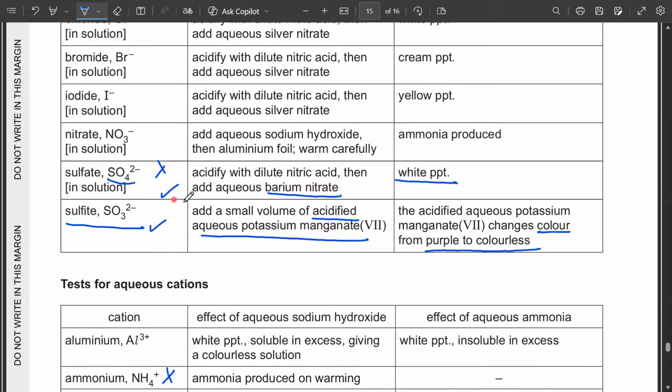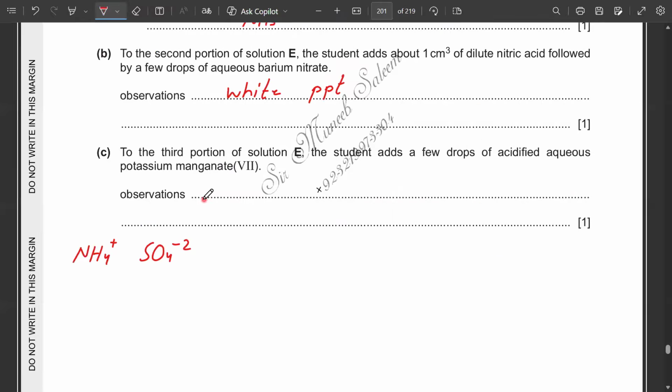Although it seems not logical here, that's what we can say right now, because no test was mentioned against a sulfate ion. So we can relate it with the sulfite ion because both have the sulfur oxide in the form of the ion. So you will write the observation in the question.